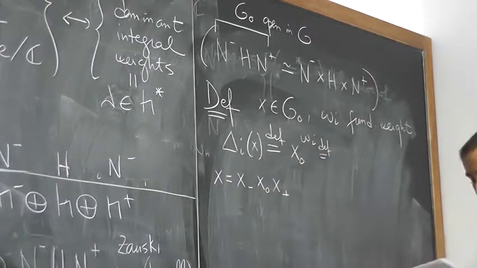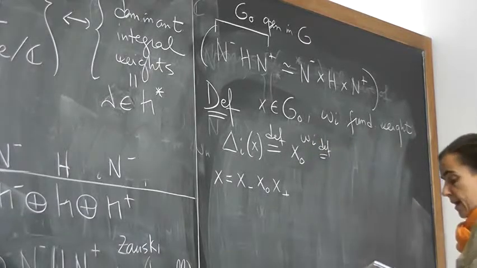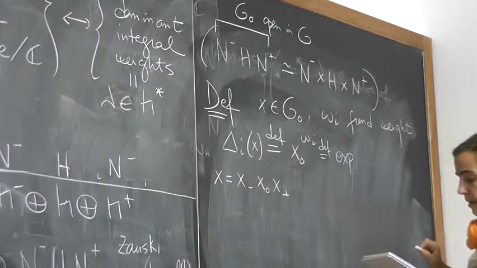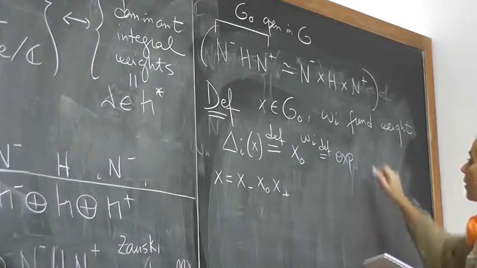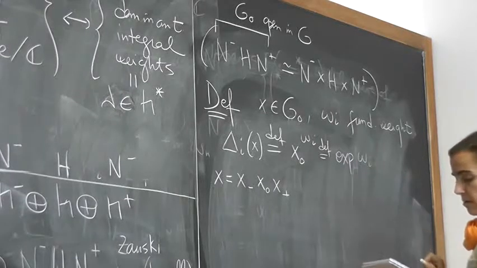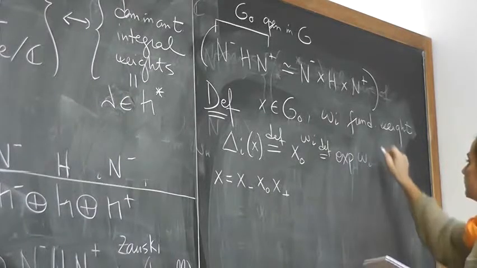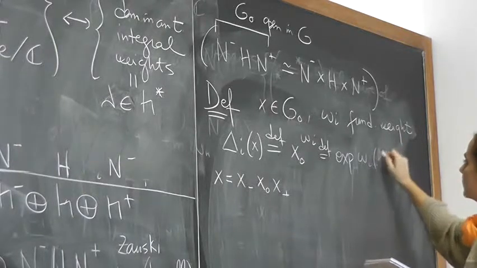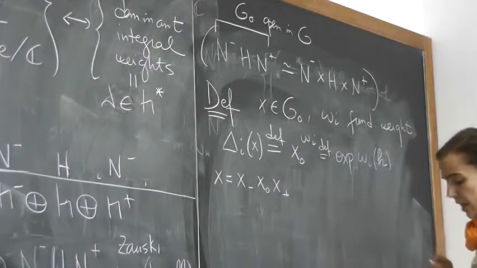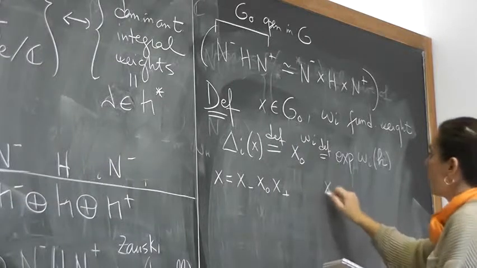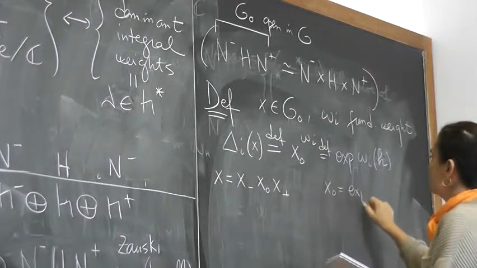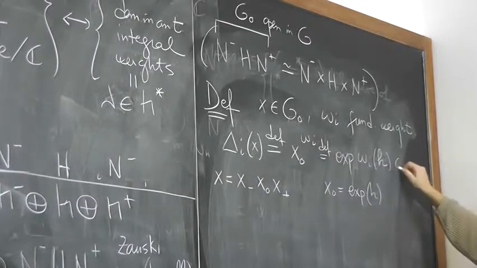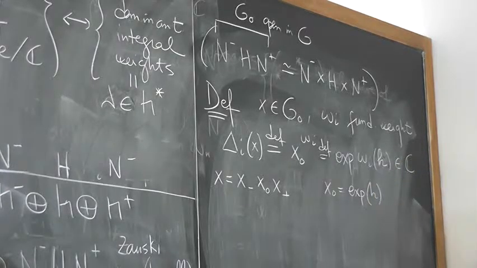When he writes like this, it means the exponential of omega I of H, where H is such that x0 is the exponential of H. And this is an element, a complex number.